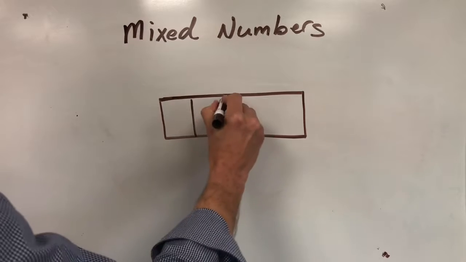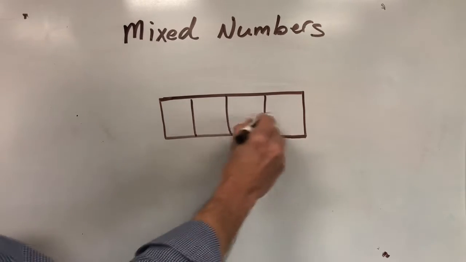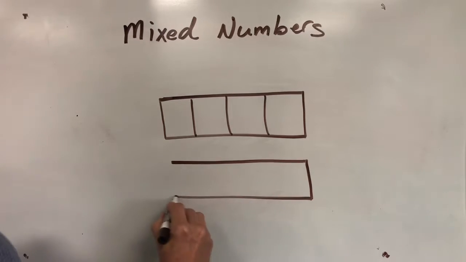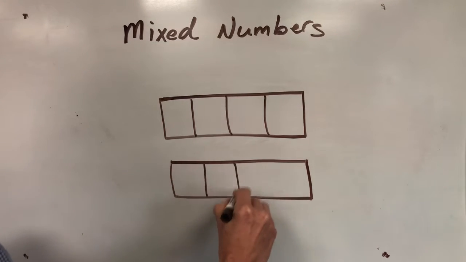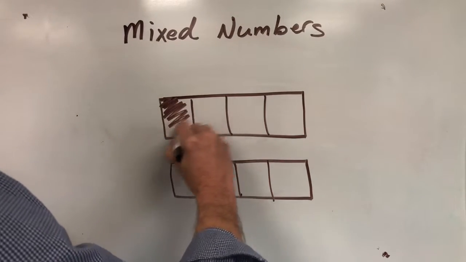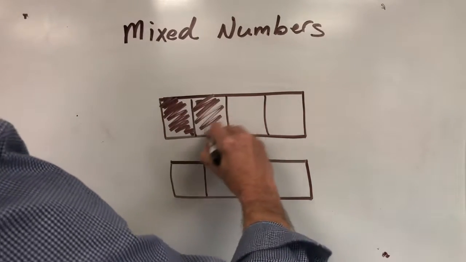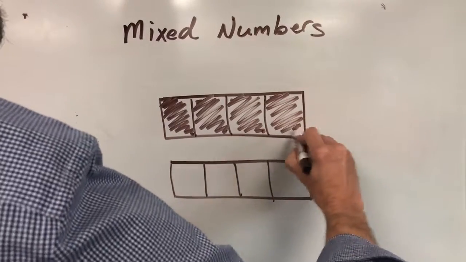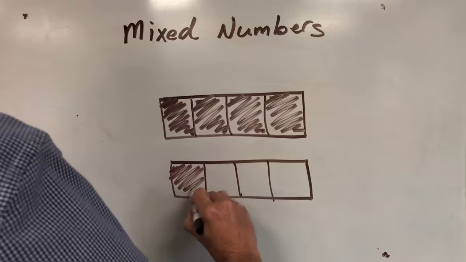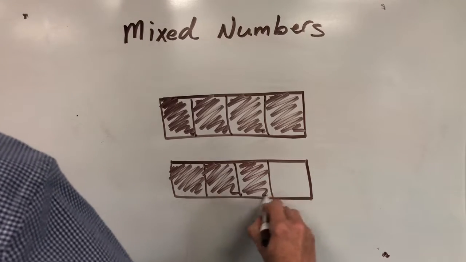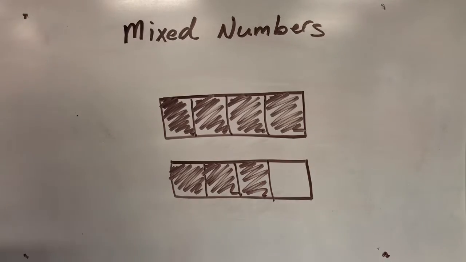In this strip, there are 4 parts. And in this strip, there are 4 parts. And we'll say that this is shaded, and this is shaded, and this is shaded, and this is shaded, and this is shaded, and this is shaded, and this is shaded, and that's all.